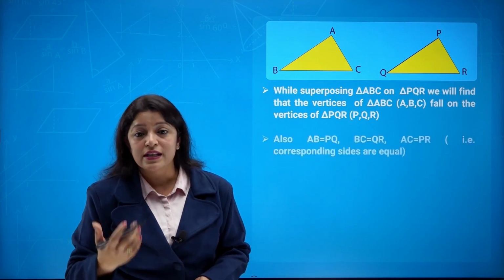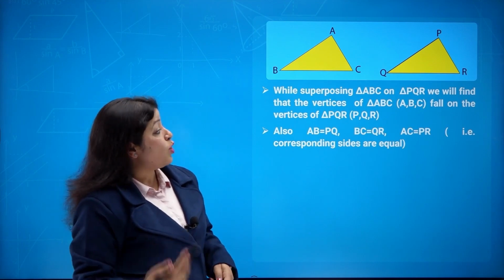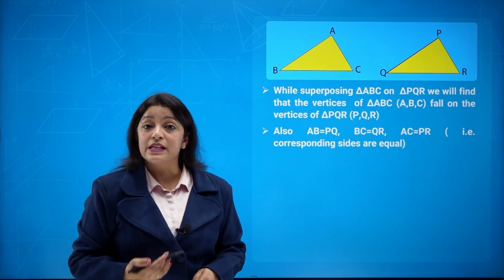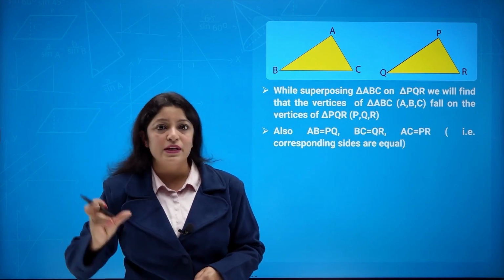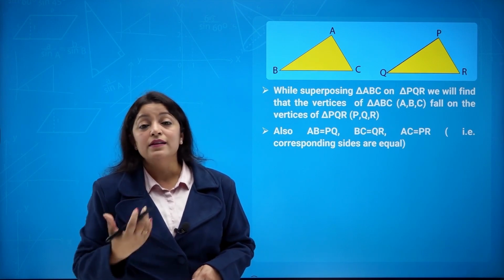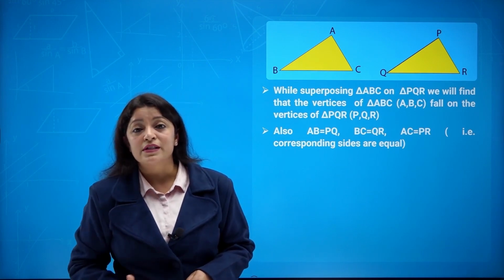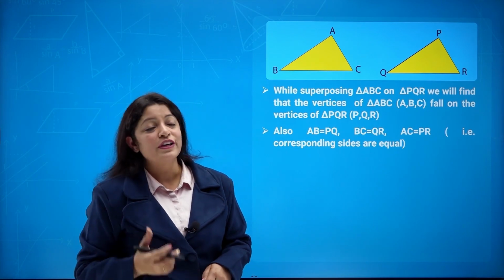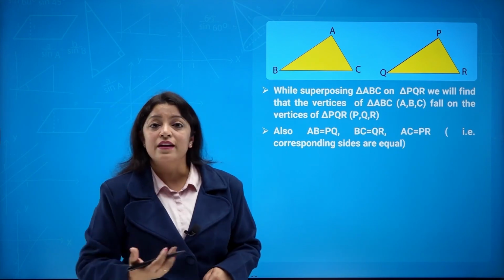So here we can see that AB is also equal to PQ, side BC is equal to QR because it completely overlapped it, and the side AC also overlapped the side PR. So here we can say the corresponding sides are equal.